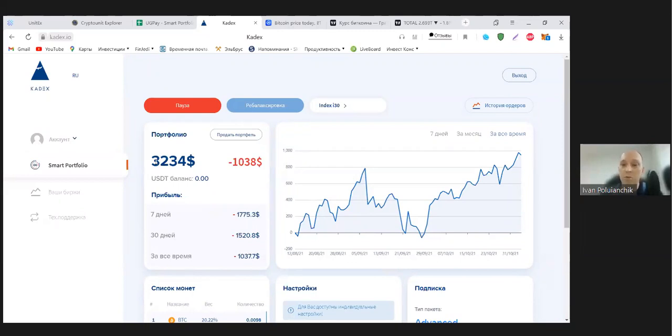So actually the amount was topped up and then withdrawn. And this is the reason why the estimation is inaccurate. But today we actually see this figure, 3,234 US dollars. So this is the growth of our portfolio after 2,400.